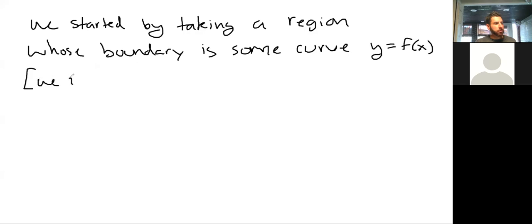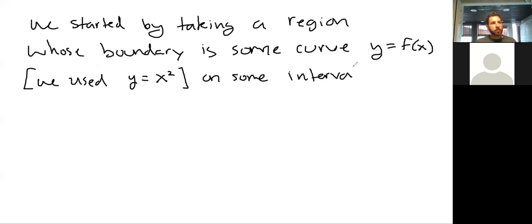We used y equals x squared. So we took a region. How did we create this region? Well, we took a curve and then we restricted it to some interval. And what did we use? We used the interval 0, 1.